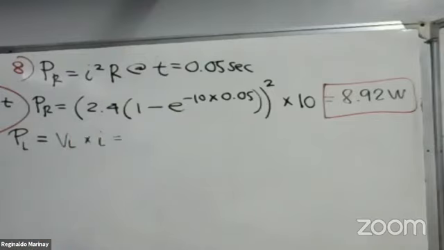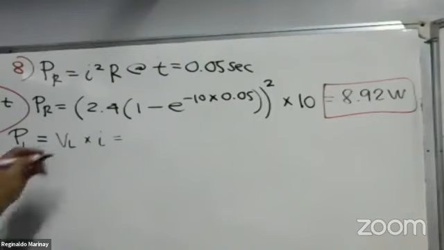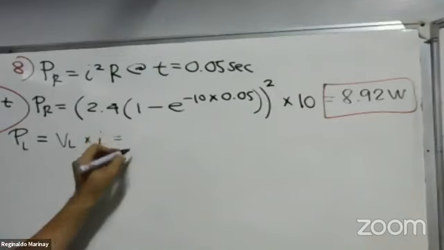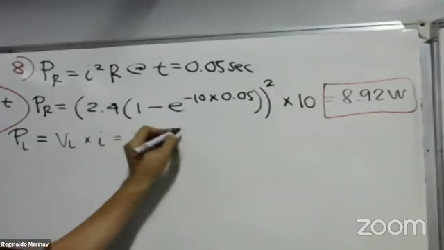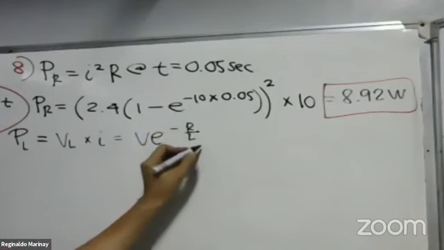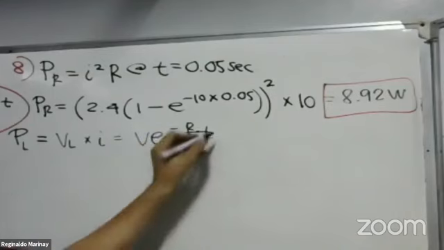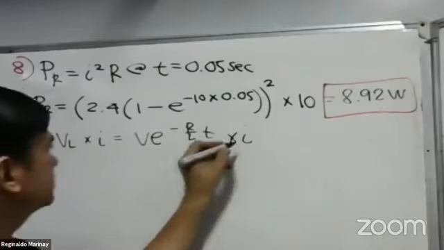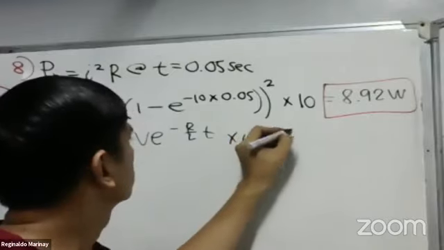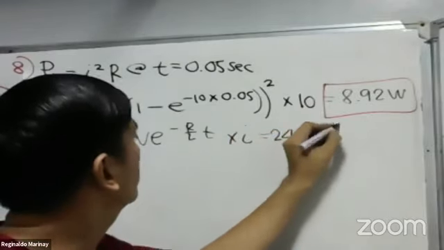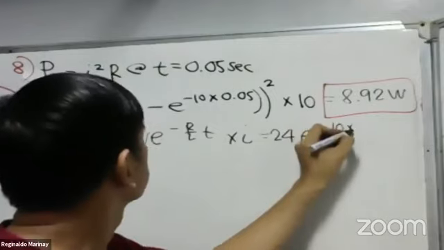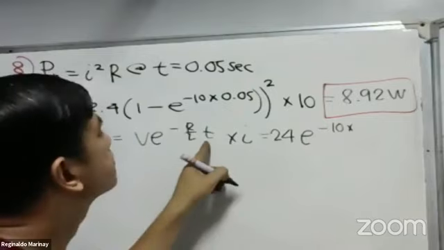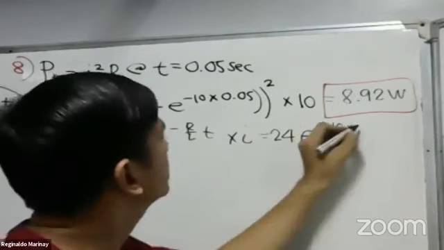Okay, our formula for BL is V times E raised to negative R over L times T, multiplied by I. So let us substitute 24 times E raised to negative 10 times what? T. What is our T? 0.05.